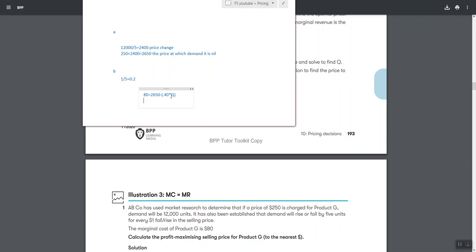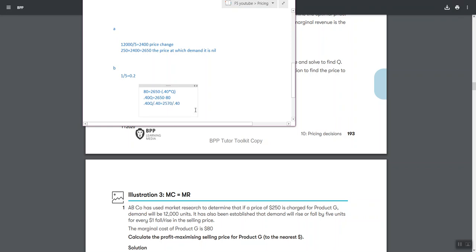Rearranging the formula, 0.40 Q equals 2650 minus 80, which is 2570. Dividing both sides by 0.40, Q equals 6425.